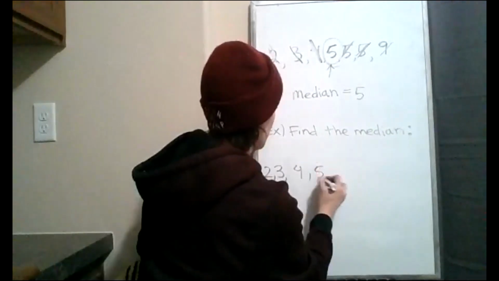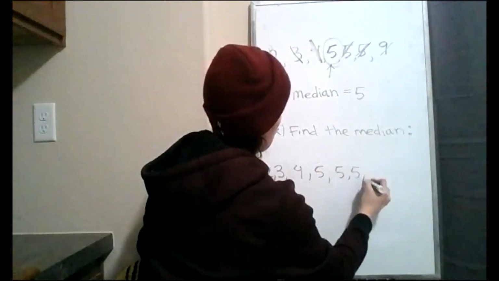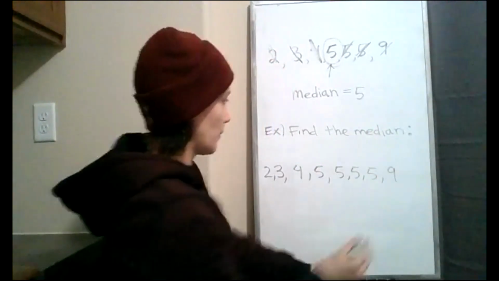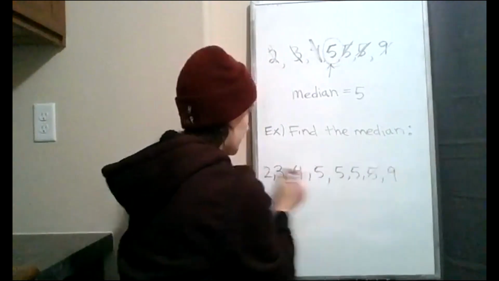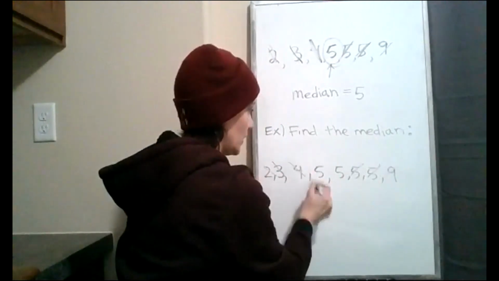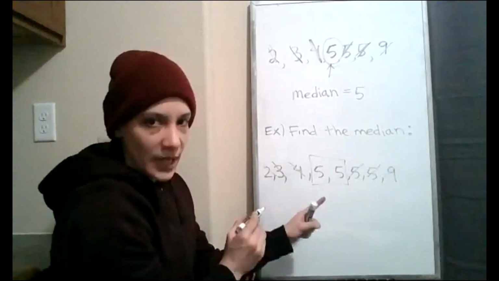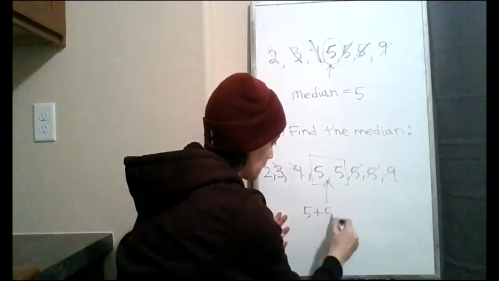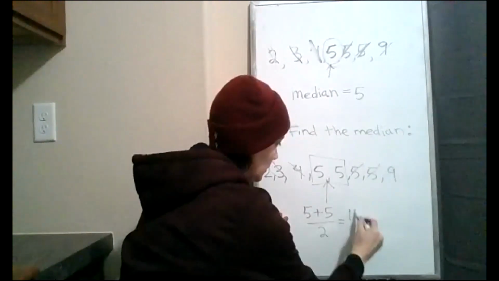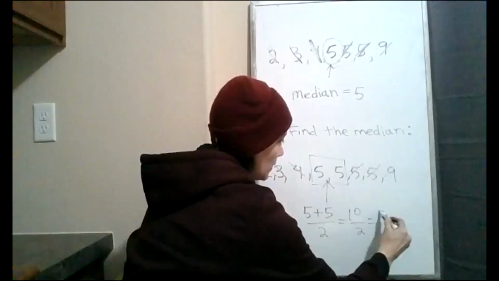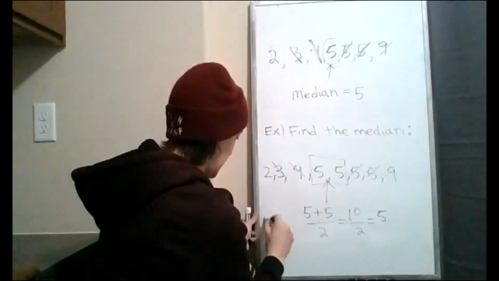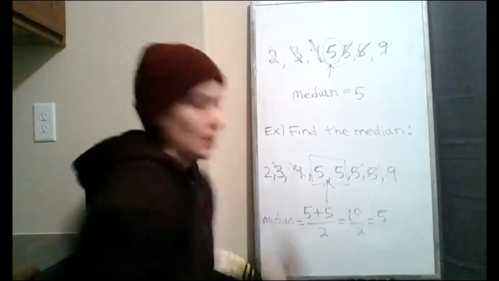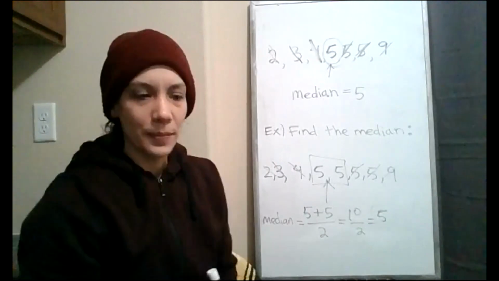Just put another 5. I think that'll work out so that when we cross these out, there's these two in the middle, and we average them. So, good question. Nice example.